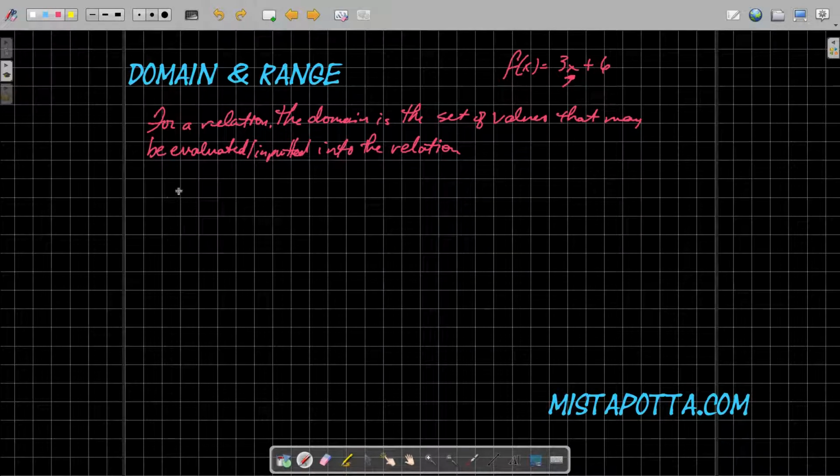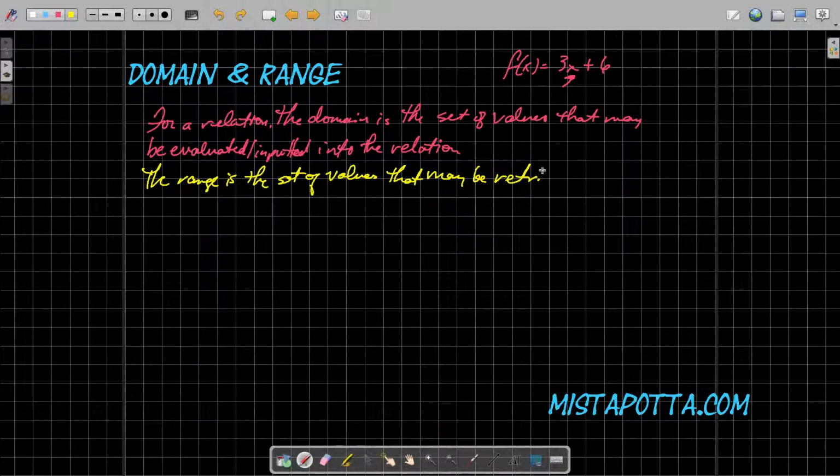And the range is the set of values that may be retrieved or outputted from the relation.